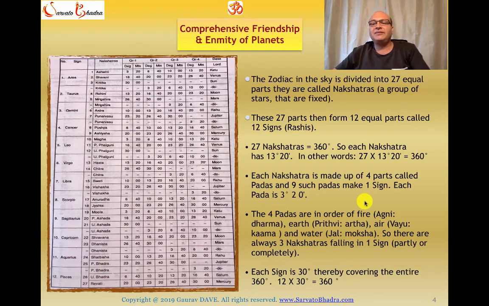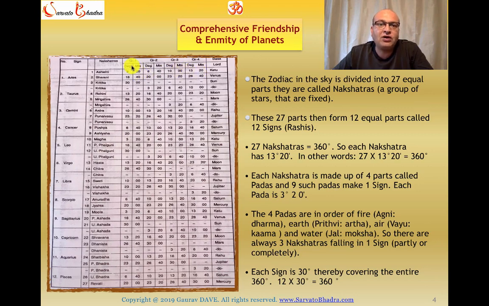Each nakshatra is made up of four parts called padas, and nine such padas make one sign. Each pada is of 3 degrees 20 minutes. So now we are talking about further bifurcation of a nakshatra, the division of 13 degrees 20 minutes into four parts. So from 0 to 3 degrees 20 minutes, from 3 degrees 20 minutes to 6 degrees 40 minutes, from 6 degrees 40 minutes to 10 degrees, and from 10 degrees to 13 degrees 20 minutes.